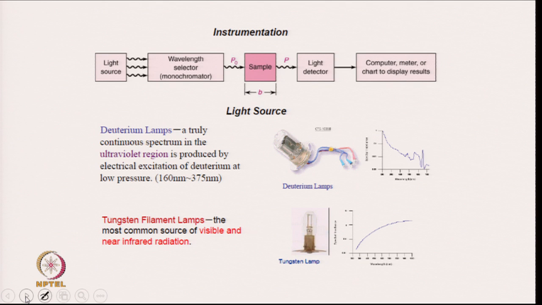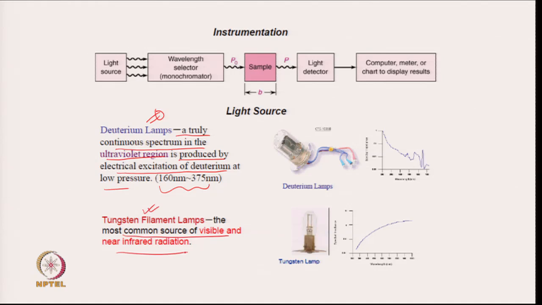Now, I will also talk about light source. There are two different kinds of light source you can use, and one is deuterium lamp. This basically gives you a truly continuous spectrum in the ultraviolet region, and this spectrum is produced by electrical excitation of deuterium at low pressure, and it basically gives light in the region 160 nanometer to 375 nanometer, and so this is generally used for ultraviolet region.